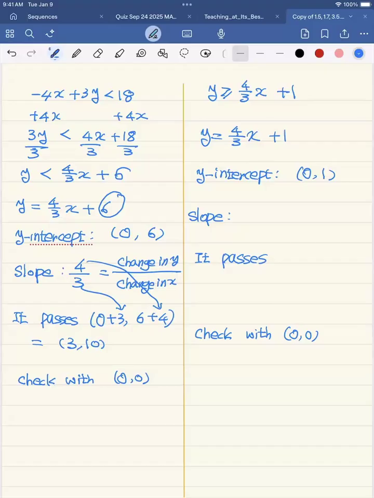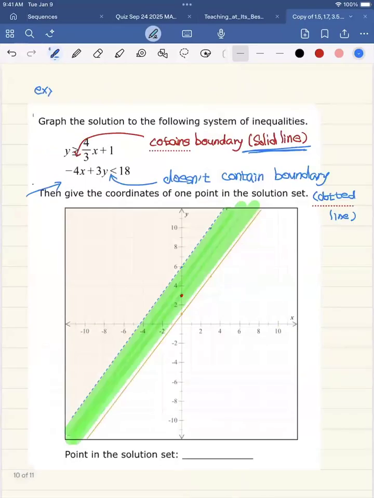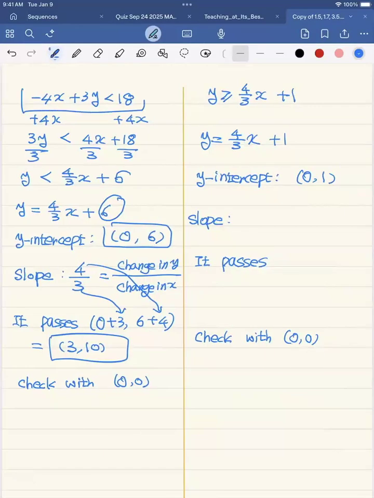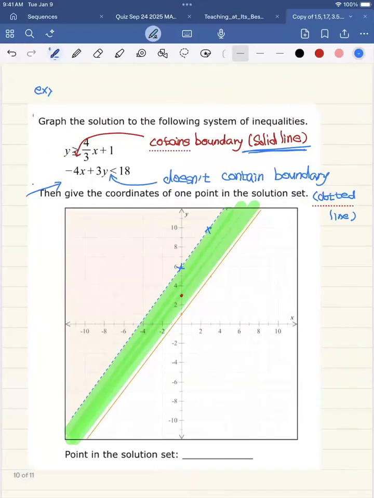So we denote (0, 6) and (3, 10). So we mark it here and here. And then we have to join that with a dotted line because we worked with the second inequality. So I did it.